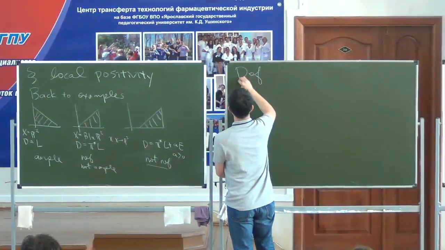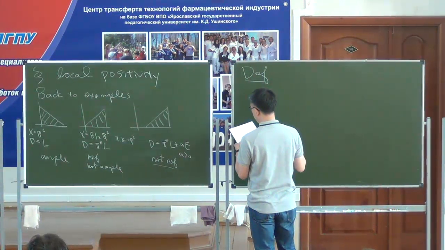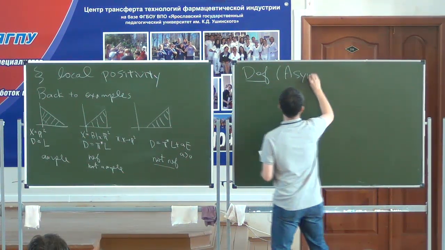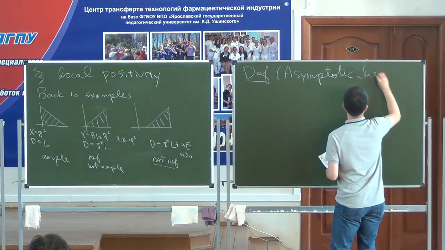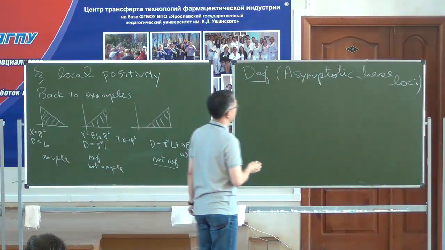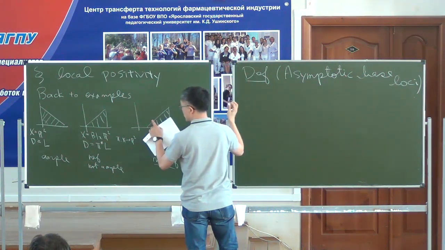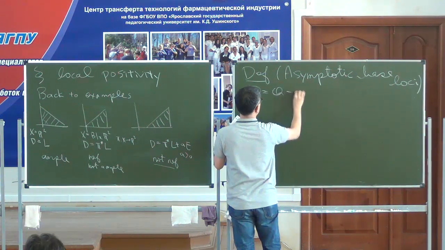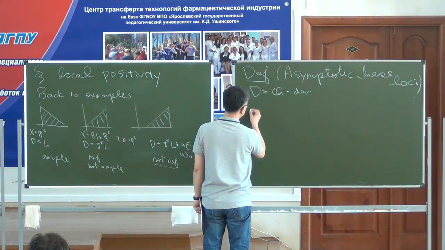To make the statement more precise, we have to define the asymptotic base loci. So we are using only Q-divisors. Let D be a Q-divisor.